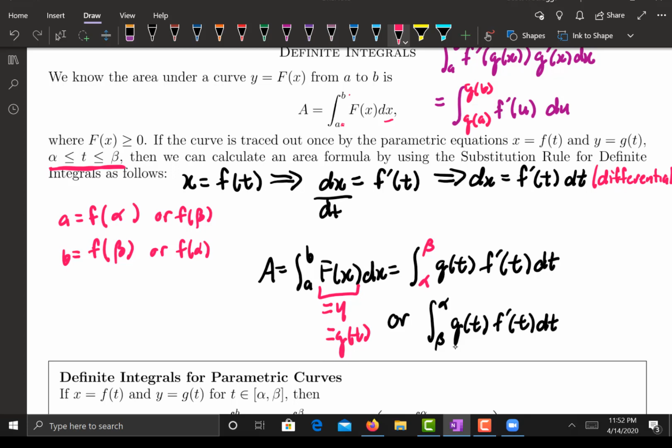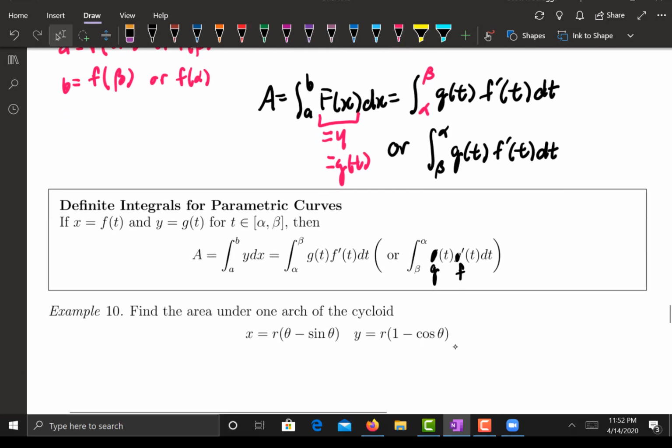And using the fact that dx equals f prime of t d of t, I substitute in. Meaning my integral for parametric curves is going to be the integral from alpha to beta, either or. And the way we determine the order of alpha and beta is going to be determined by g of t, by the f of t.